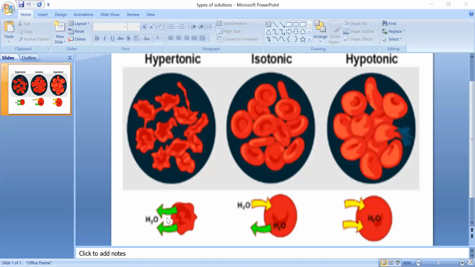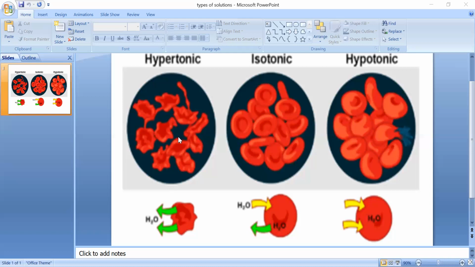Such a type of solution is known as hypertonic solution. As you can see in the figure, as the cell has more water than the solution, more water is exiting out from the cell, due to which the water crosses the cell membrane in both the directions. But more water will leave the cell than it will enter it. Therefore, the cell will shrink. As you can see, the cells have shrunk.